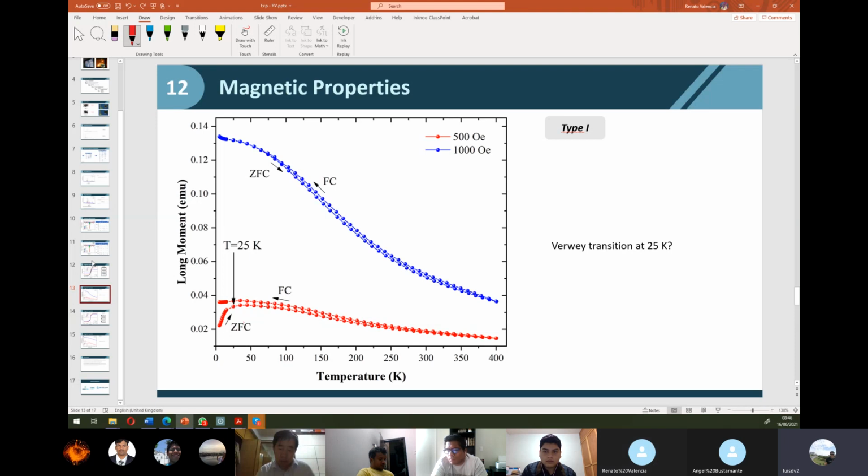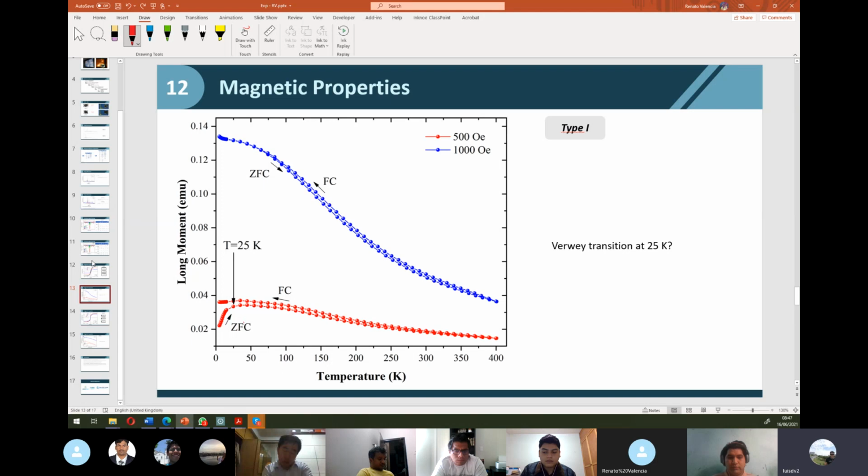Apparently, it is not superparamagnetic there, because there is not a blocking temperature. What is indicating there is that if there is a Verwey transition, it is very hidden at that signal. We need to apply maybe a 100 Oersted or 50 Oersted applied field to see the Verwey transition.